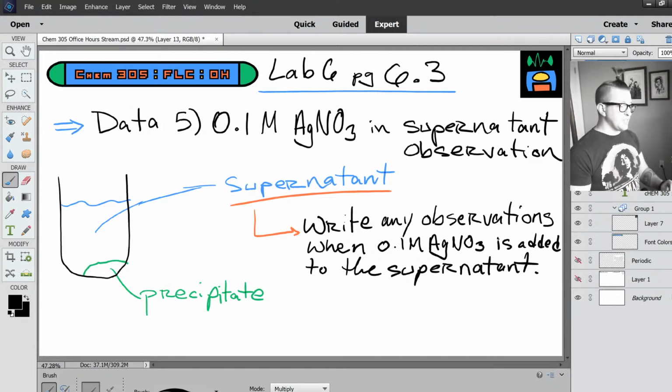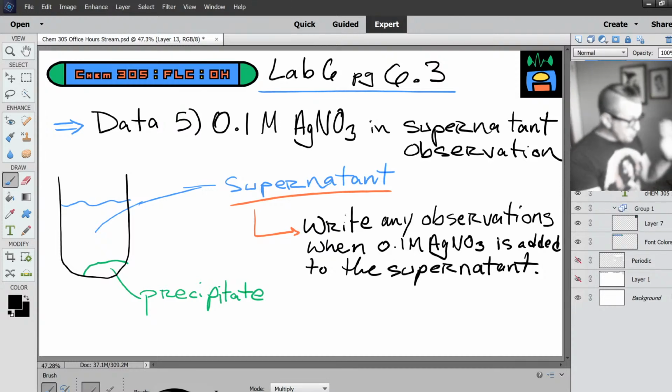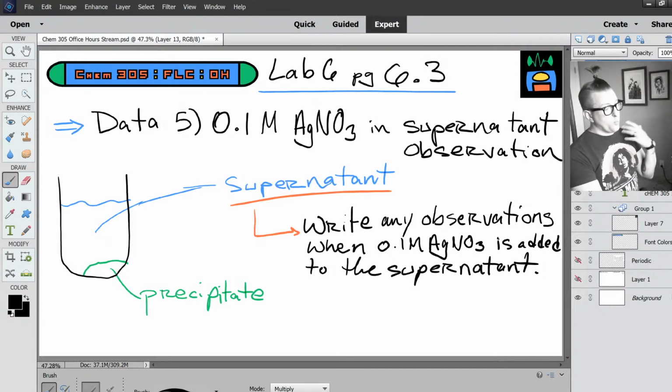So there's nothing for you to actually calculate. They just want you to write down the observations of what you see when they add more silver nitrate to the supernatant.